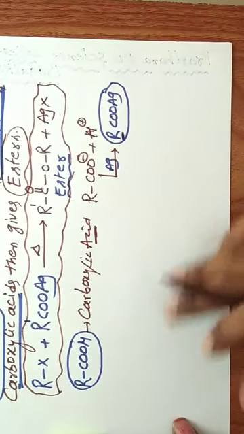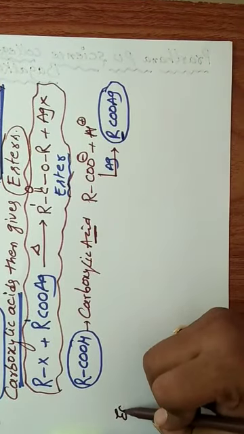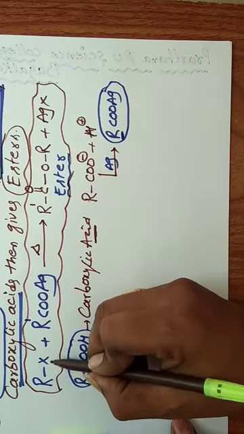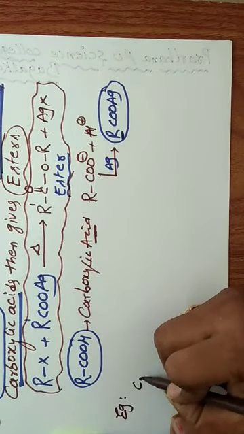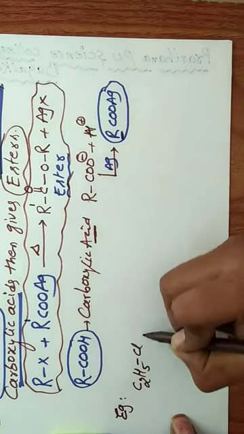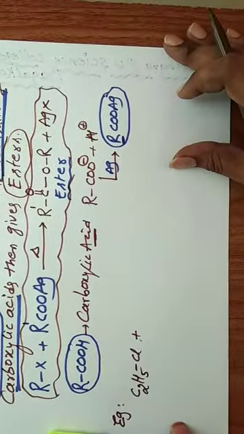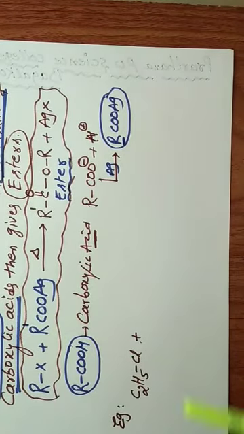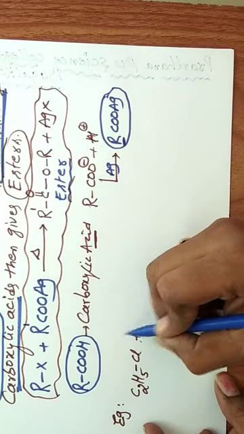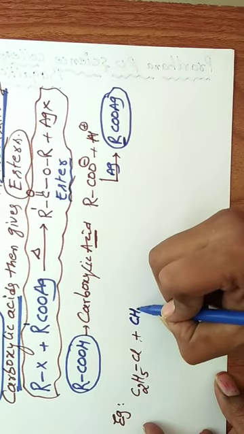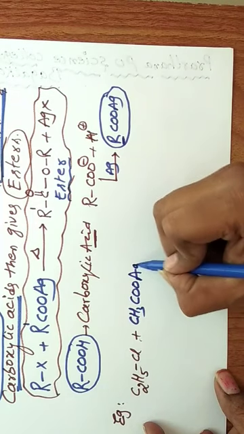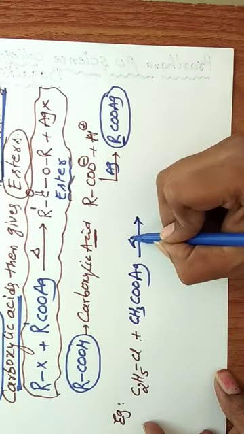Now we take an example. Instead of the alkyl group in RX, we take C2H5-Cl plus RCOOAg. For this alkyl group we consider CH3, so CH3COOAg, under heating condition.